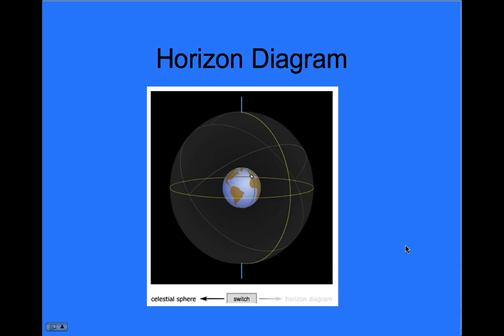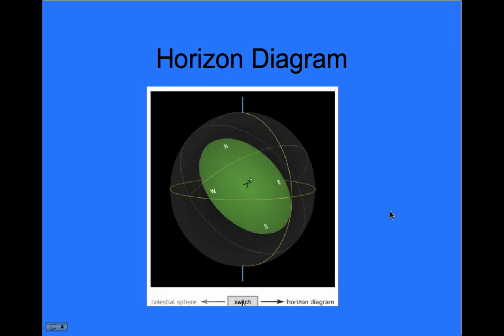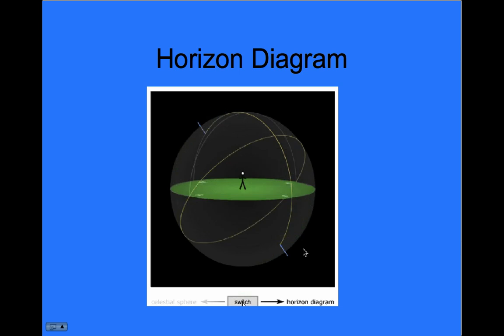There is a third way of looking at coordinates, and this is from the perspective of the person and where they're standing. It's called a horizon diagram. If I take my location there, about 40 degrees, flatten myself out to a disk, and then rotate the disk, I have a horizon diagram. Unlike the other two, whose coordinates are from a perspective outside the sphere, this one is from inside the sphere.